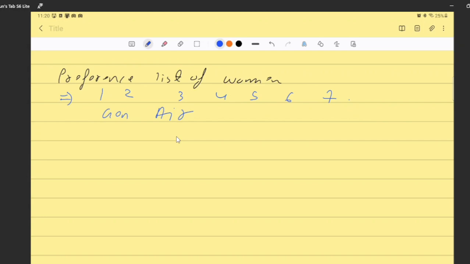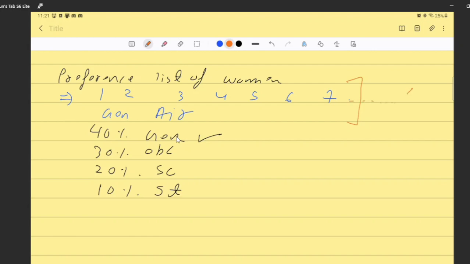But we have classified the candidates into general, OBC, SC, ST, and we have categorized each college's seats into 4 categories. We have given 40% seats to general, 30% to OBC, 20% to SC, and 10% to ST. So for general seats, this preference order will work. This will go till the 49th rank.